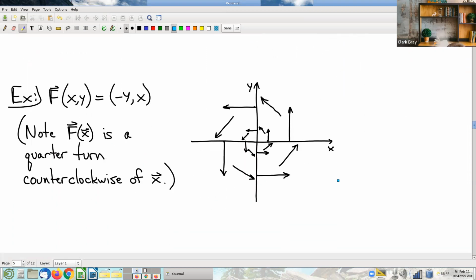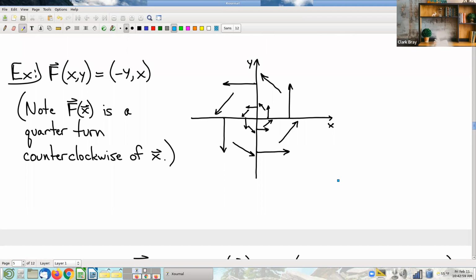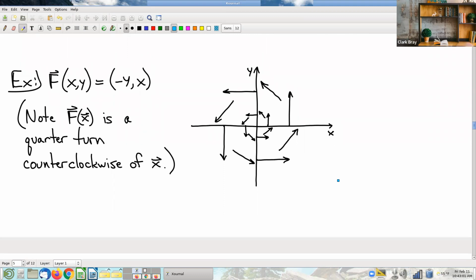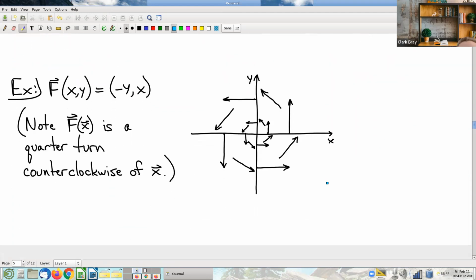All right. Here's another one. This is a pretty interesting vector field, as it turns out. And we're going to see this one again later. Actually, come to think of it, both of these are pretty interesting vector fields. This is a good one too. But that's foreshadowing.